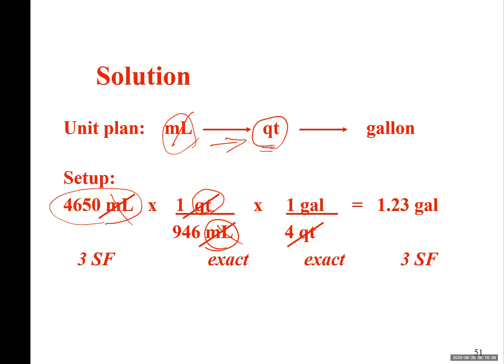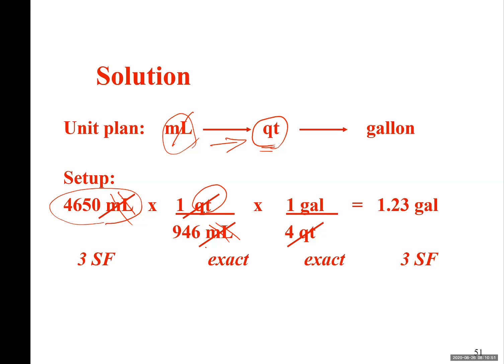And then I have to relate top to bottom according to the equation given by the problem. 1 quart, problem says, is 946 milliliters. So that conversion factor is now done. And you see milliliter and milliliter are canceling.